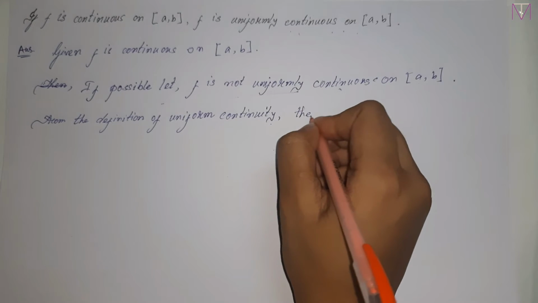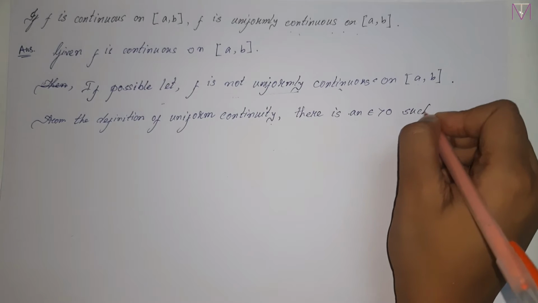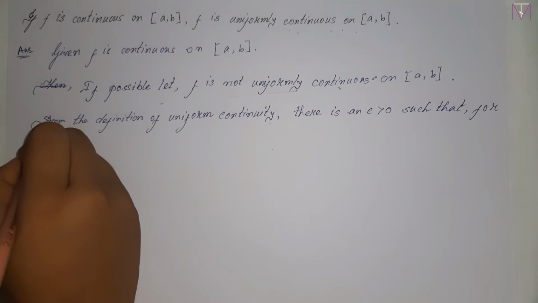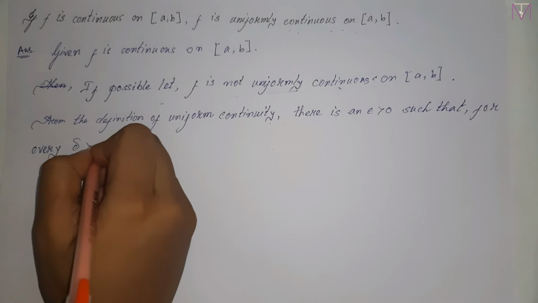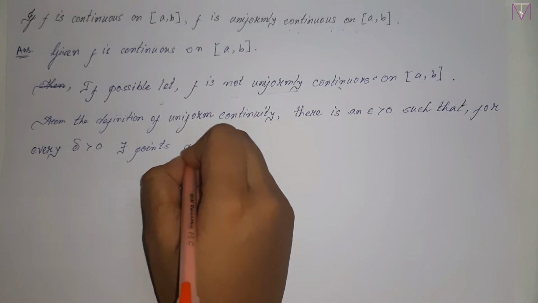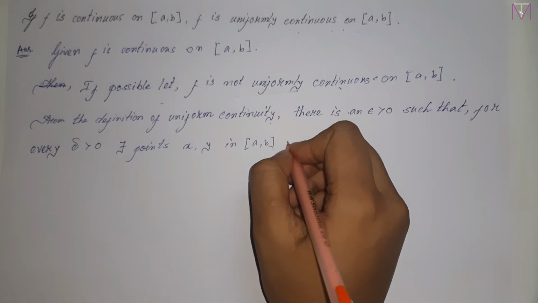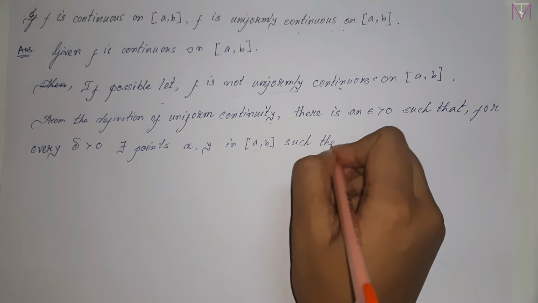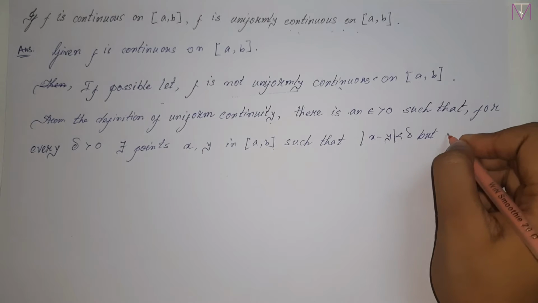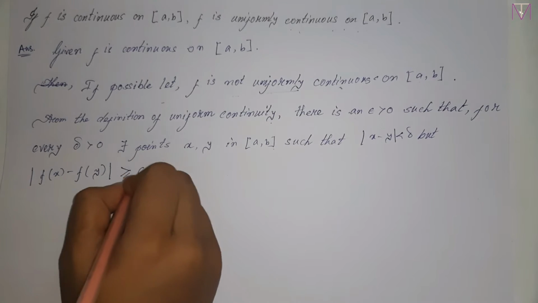There is an epsilon greater than 0 such that for every delta greater than 0, there exist points x, y in [a, b] such that |x − y| < delta, but |f(x) − f(y)| ≥ epsilon.